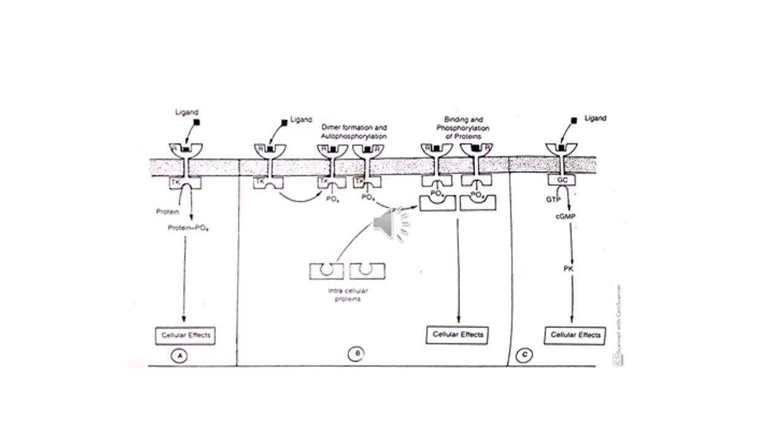This generally follows when ligand binding leads to dimerization of the receptors, that is, the association of two receptors. The autophosphorylated tyrosine residues then serve as high affinity binding sites for various other intracellular proteins.